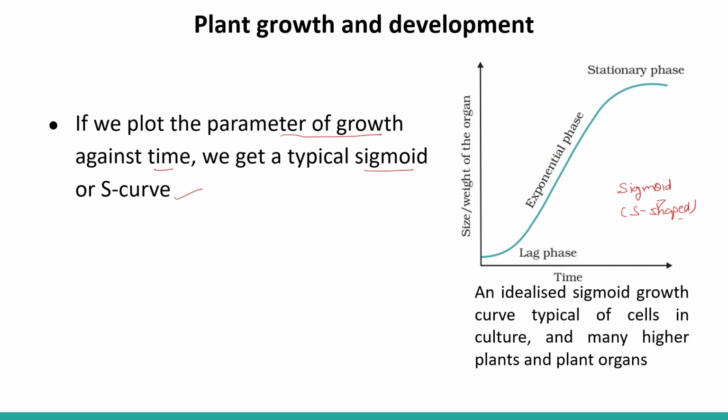Here the size or the weight of the organ such as root is plotted against time. Now here you can see the sigmoid curve has 3 phases. First is the lag phase, then we have the exponential phase, and then we have the stationary phase.